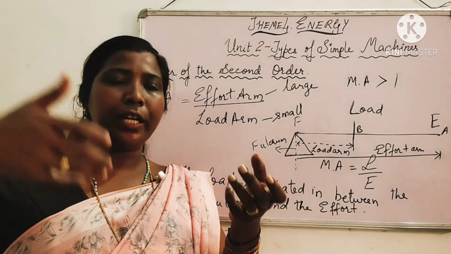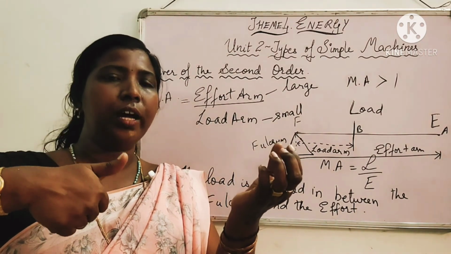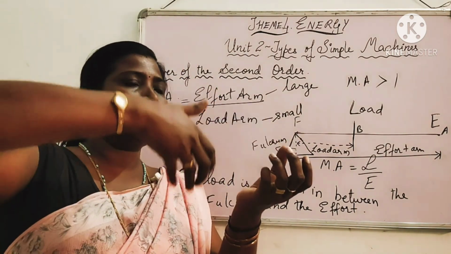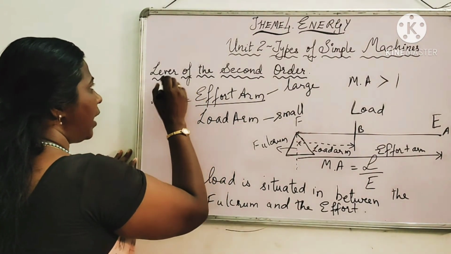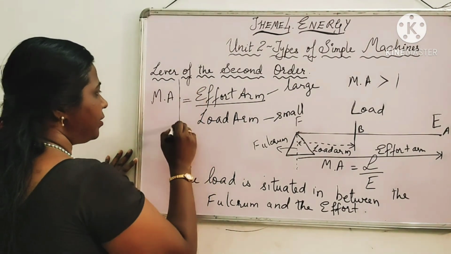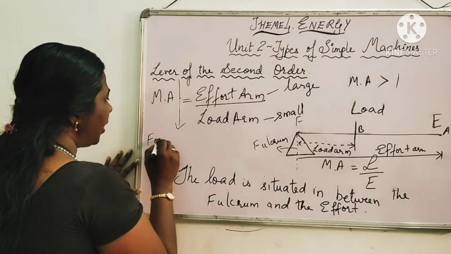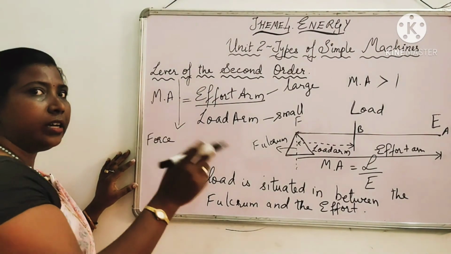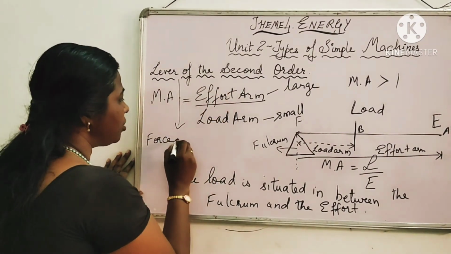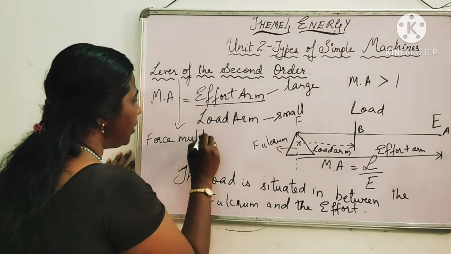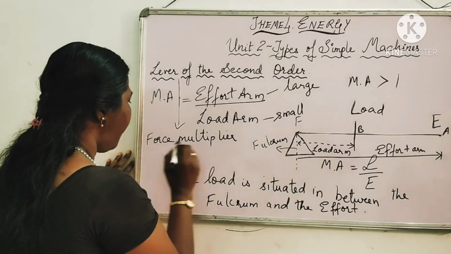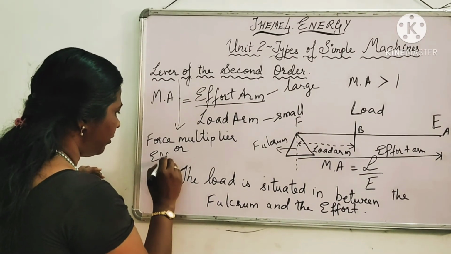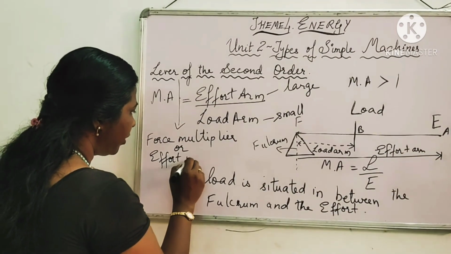When we put an effort to the load, our work is multiplying. So this can also be said to be a force multiplier. This second order lever is also called a force multiplier or effort multiplier. Is that clear?